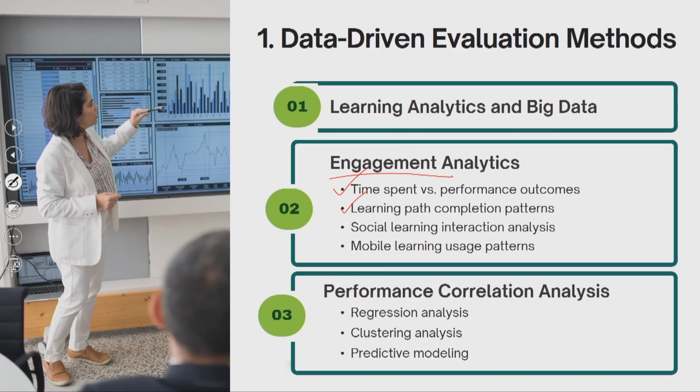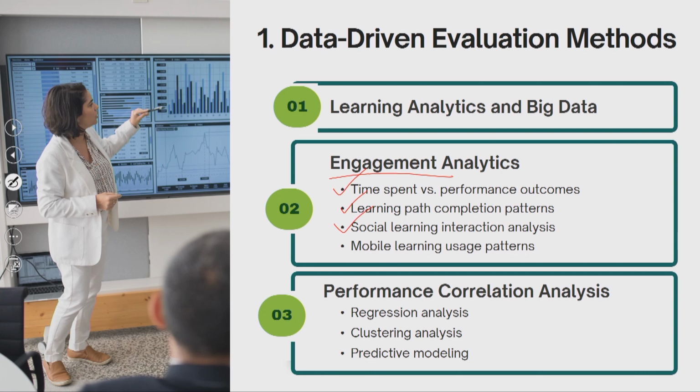The third possibility here is social learning interaction analysis. This measures the quality and frequency of peer discussions, mentoring relationships, and collaborative projects. Research shows that social learning often has higher retention and application rates than isolated study altogether.